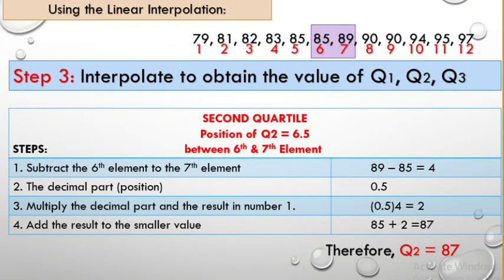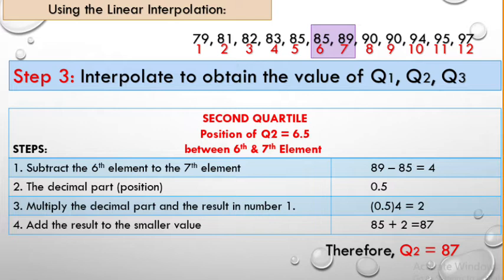Next, second quartile. The position of our second quartile is 6.5 between 6th and 7th element. So yun, ang 6th element natin ay 85 at ang ating 7th element ay 89 at isusubtract natin yun. So 89 minus 85, the answer is 4.